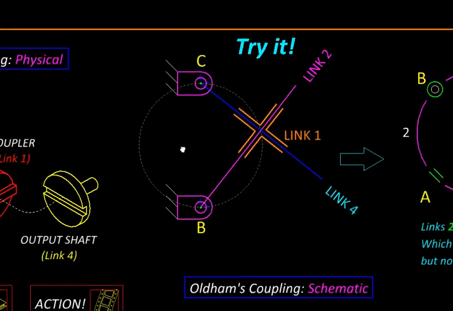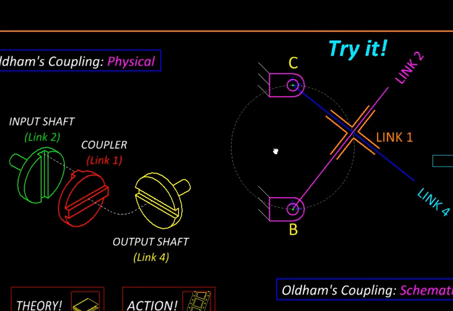Now let us see the physical arrangement which will help us do that. So link 2 and 4 are 2 shafts. Say link 2 is our input shaft shown in green here, link 4 is the output shaft shown in yellow. And at the end of both these shafts we have these discs or flanges, and in each of these flanges we have a slot dug.